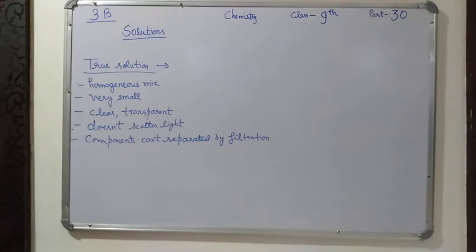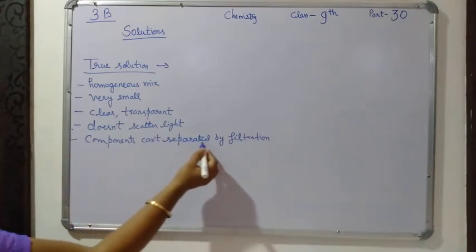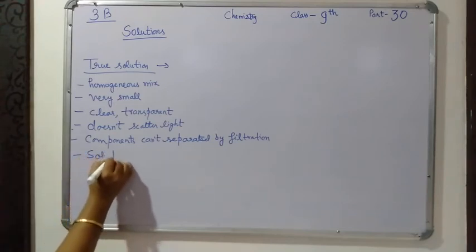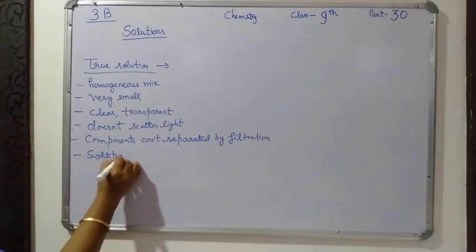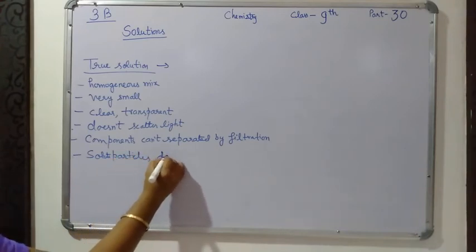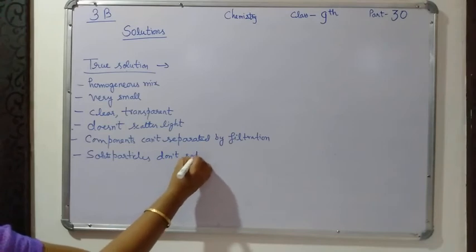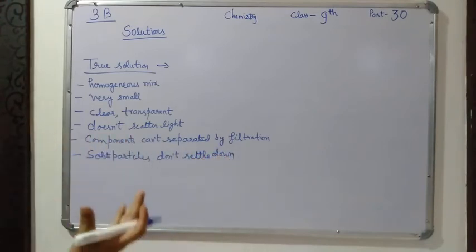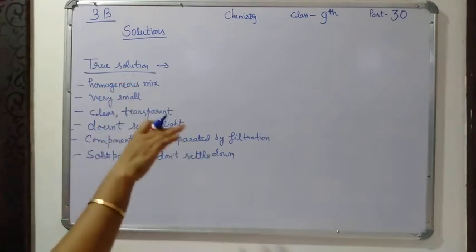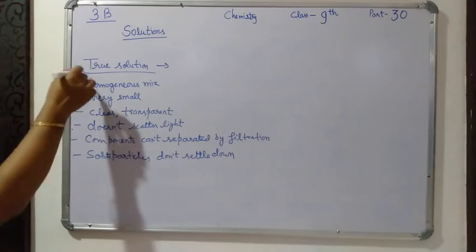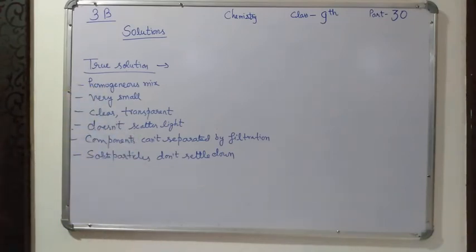Last, the solute particles don't settle down. If you add sugar to water, the sugar molecules will not settle at the bottom of the container. So these are the characteristics of a true solution.